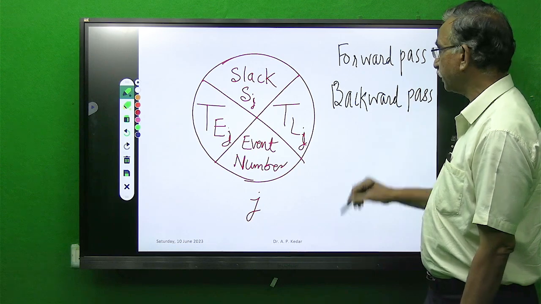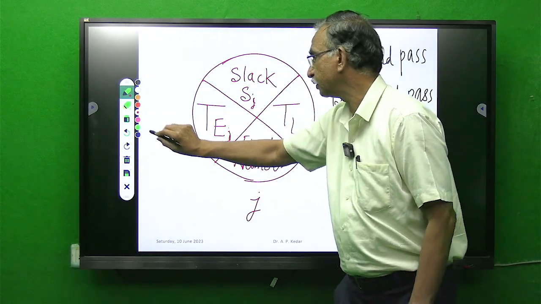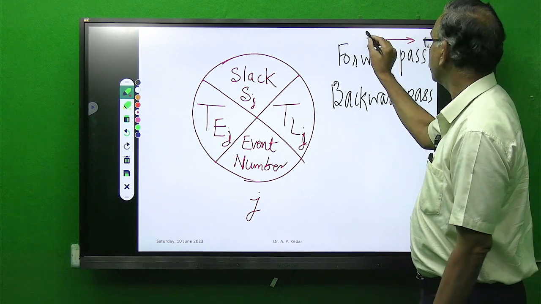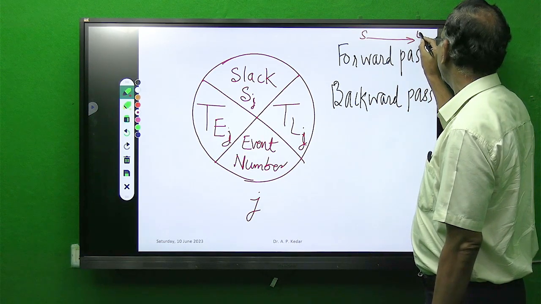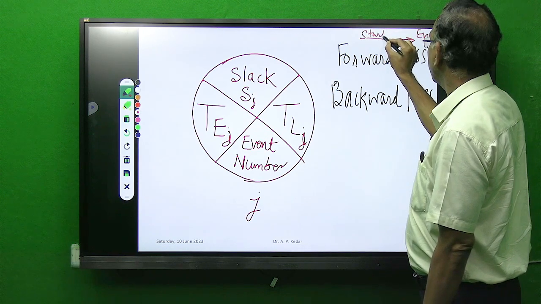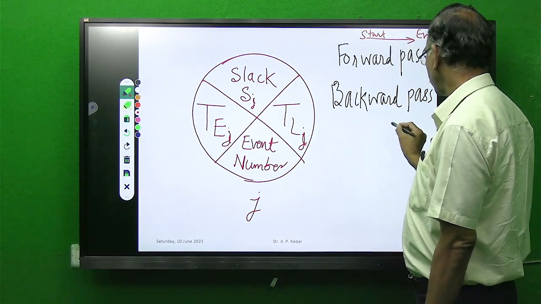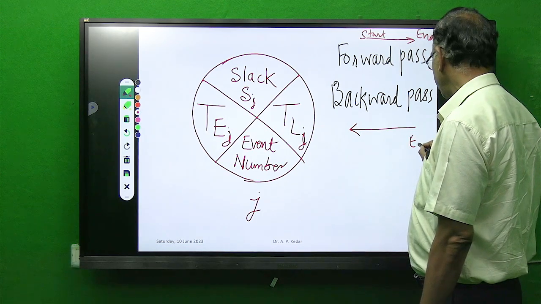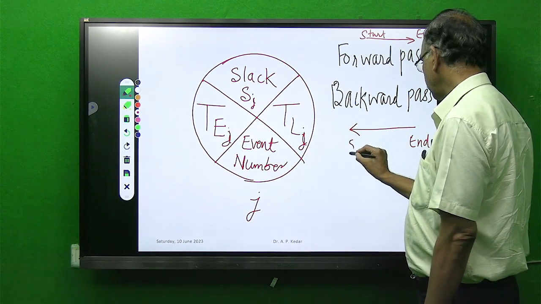When we carry out forward pass calculation, we go from left to right, that is from start to end, and for backward pass we go in this direction, from end to start.